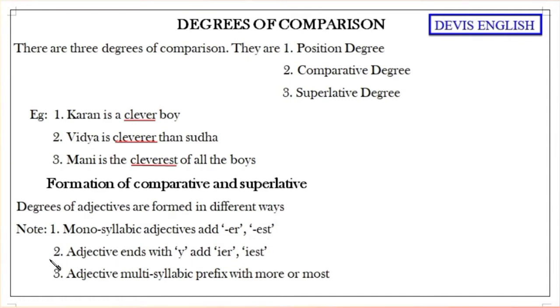Suppose it is monosyllabic and also ends with y, then we add ier for comparative and iest for superlative. For a multisyllabic adjective, we use the prefix more or most. You should keep these 3 rules in your mind.